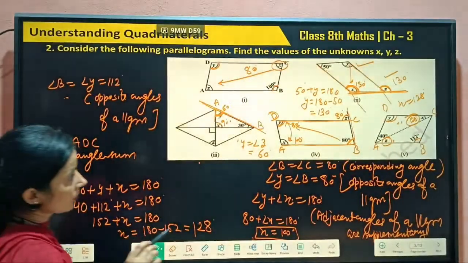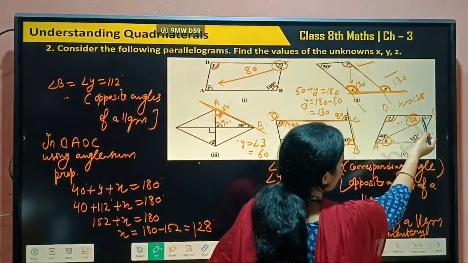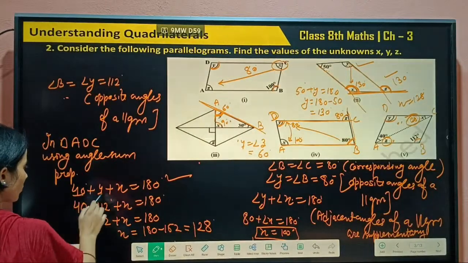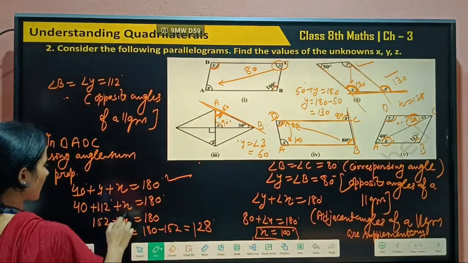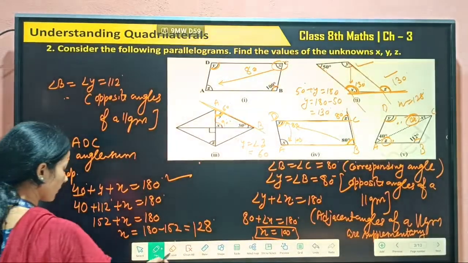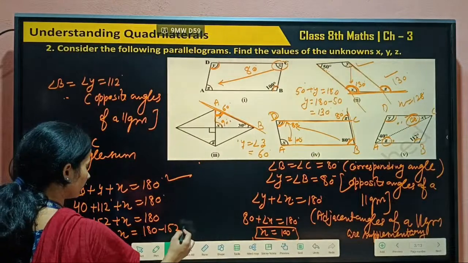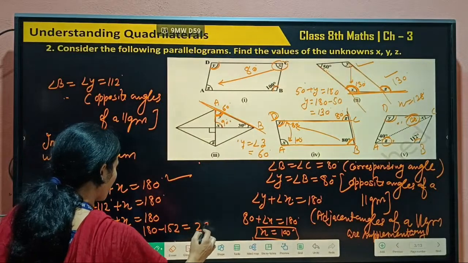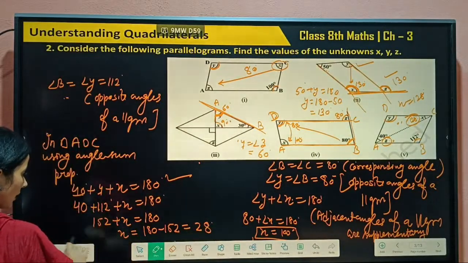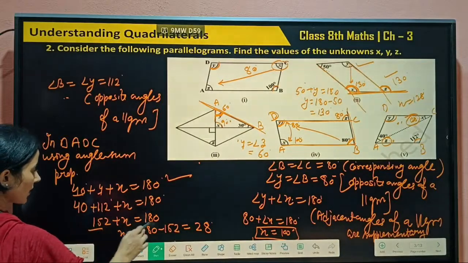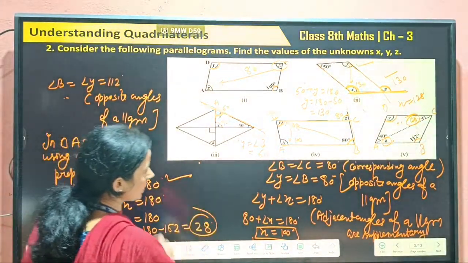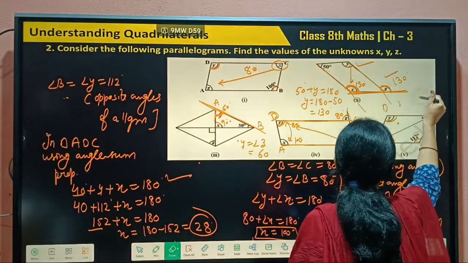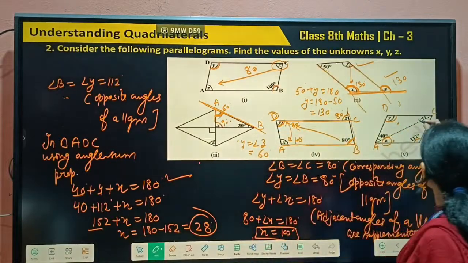Let us check it again. In triangle ADC, 40 plus y plus x equals 180. This 40 as it is, y is 112, and plus x equals 180. 152 plus x equals 180 and x equals 28.